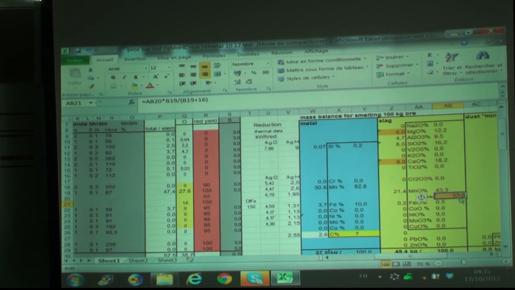And to check this, we must have the manganese corresponding to the MnO. And so the good figure is 71%, because this gives 30% Mn in the slag.